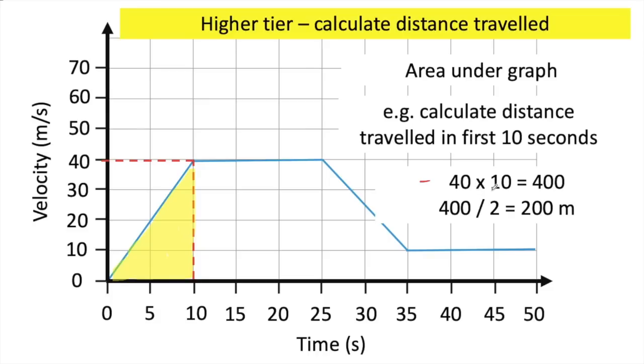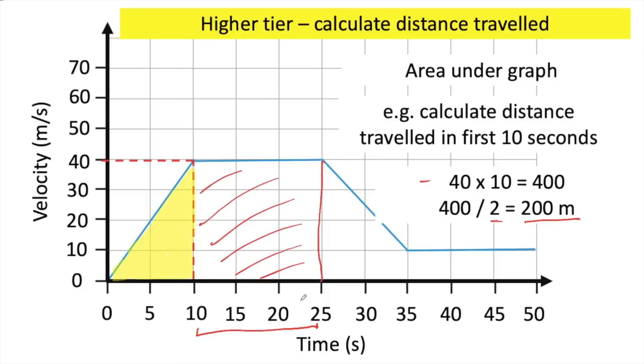So if we do 40 times 10, which is equal to 400, and then we'll divide that by 2 because we've got ourselves a triangle, our distance travelled will be 200 meters. If we were calculating the distance travelled between 10 and 25 seconds, that would be this region here. You wouldn't need to divide by 2 because you're not looking at a triangle, you're looking at a rectangular section.